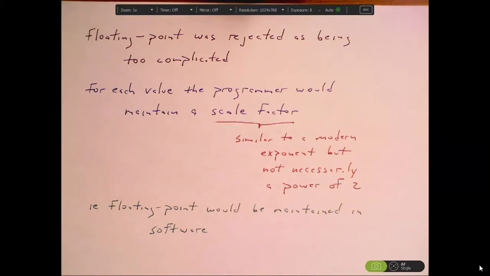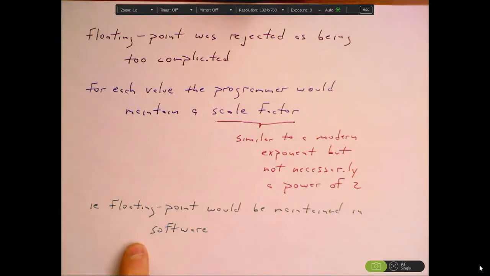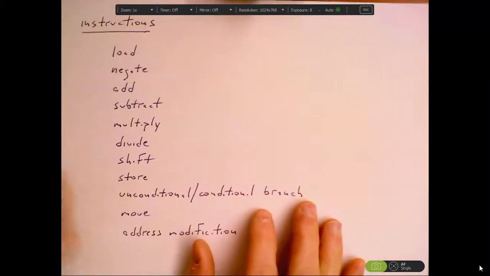And again, if you look at that 46 report, you'll see that the designers basically said that floating point was better maintained in software than implemented in the hardware, given the building blocks they were working with at the time. That was probably a wise decision, I guess. As I said, it was a relatively small set of instructions.